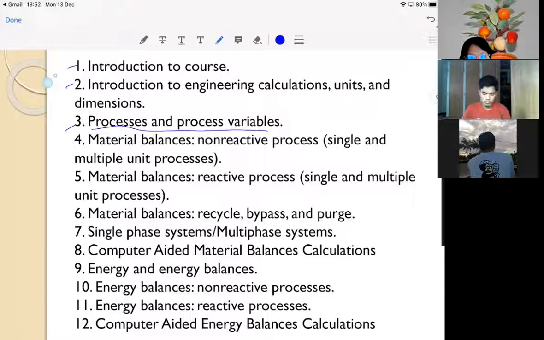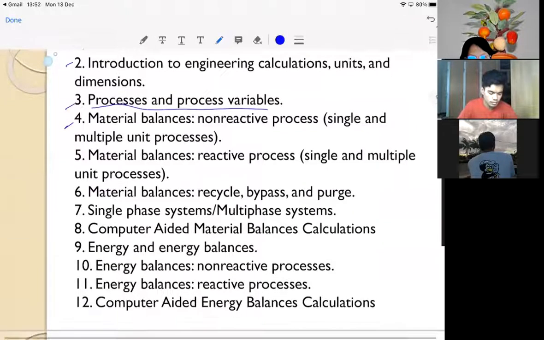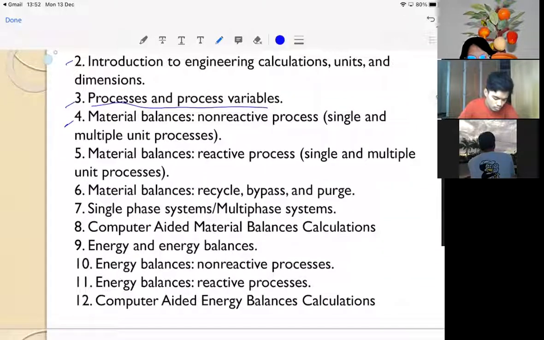We will talk about how to measure the temperature and how to measure the pressure. We introduce you to this in topic 4. Topics 4 to 6, we consider the material balance or mass balance. Mass balance for non-reactive cases, where there is no reaction.